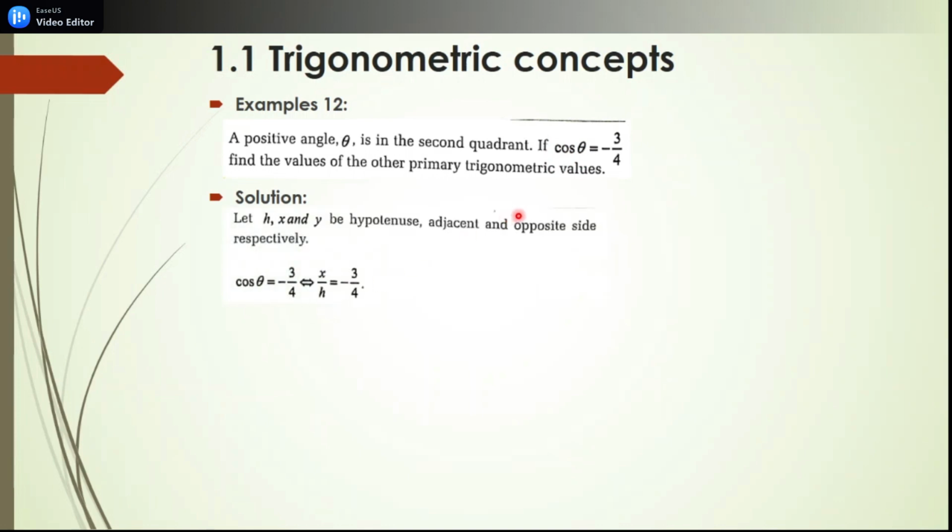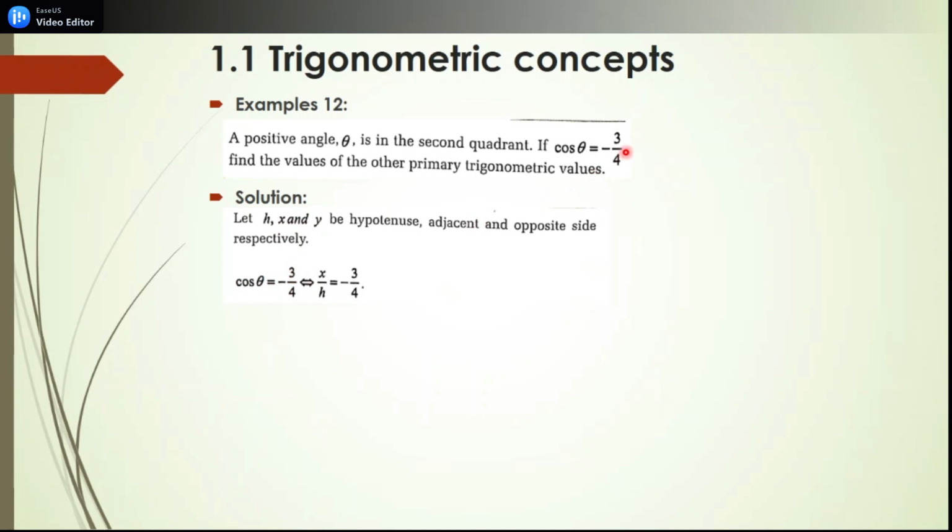So when we draw our circle, we mark the positions: first quadrant, second quadrant, fourth quadrant. Let h, x, y be the hypotenuse, adjacent and opposite side. This is the hypotenuse, this is adjacent, this is the opposite side. Then consider cosine theta equal to negative 3 over 4.